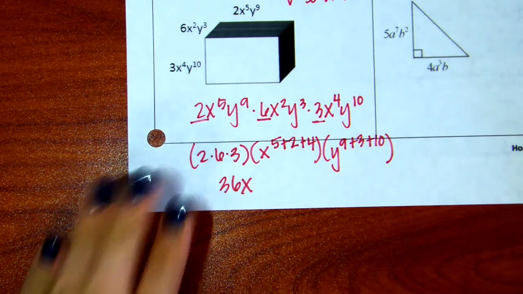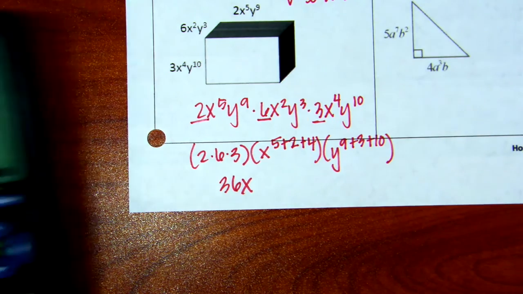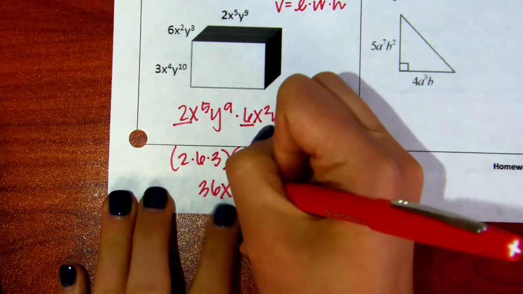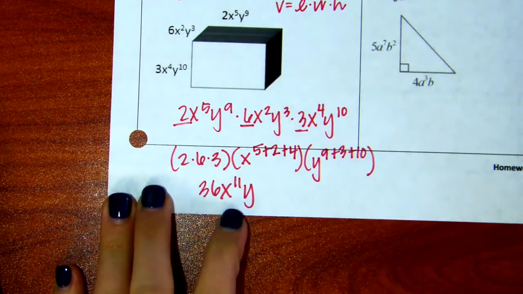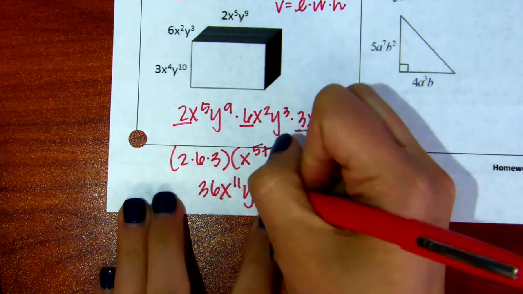X to the, what's 5 plus 2 plus 4? 11. Y to the 9 plus 3 plus 10. 22. Good.